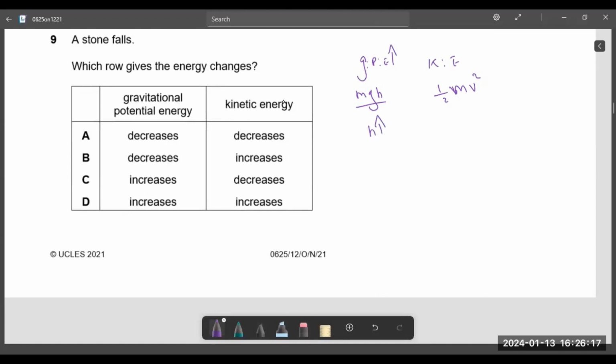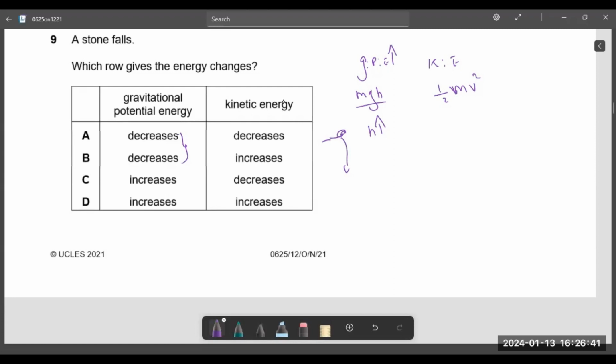So when the stone is falling from a height, the height is getting decreased and the speed is getting increased. So here the right choice is the gravitational potential. As the height decreases, gravitational potential will be decreasing.